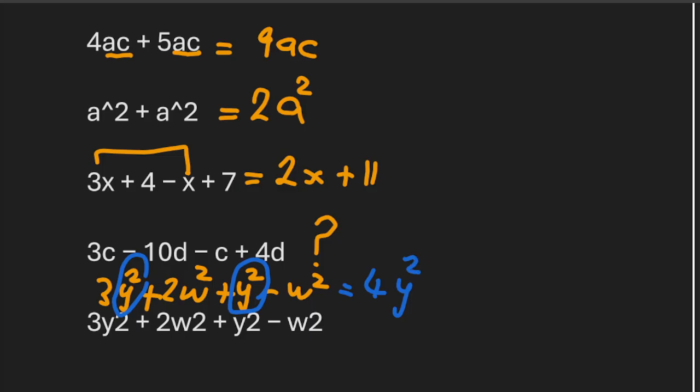And then w squared is cats, so 2 cats minus a cat, because it's minus w squared. So 2 cats minus 1 cat is just a cat, so it's plus w squared. And that's it. Collecting like terms.